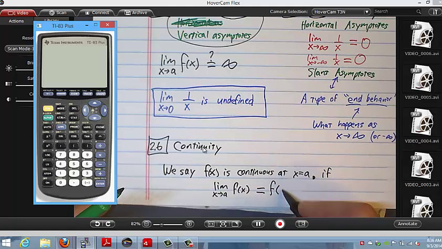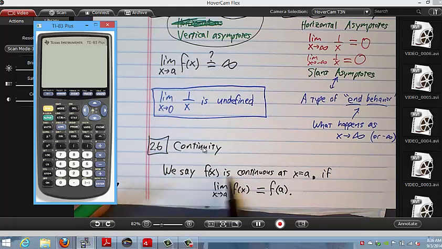We always try plugging in the a. This is my definition of continuous. You'll read that when you read section 6 for next Monday. Okay?